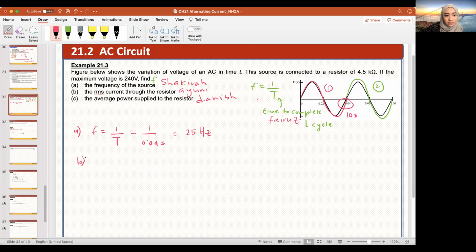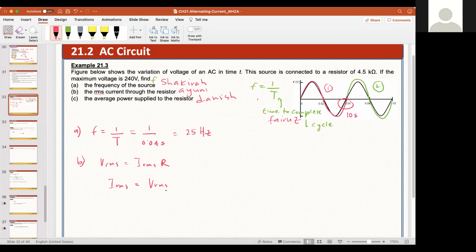So B is Ayuni. The RMS current through the resistor. Macam mana nak cari? Saya guna equation VRMS equal to IRMS R. So jadikan IRMS tu subject sebab dia nak RMS current ni.